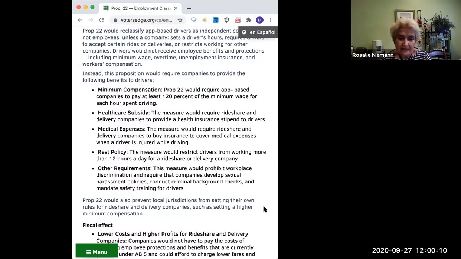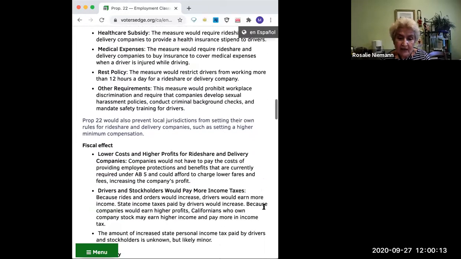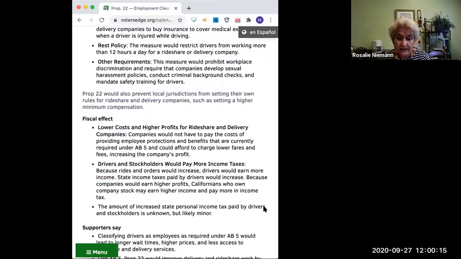The fiscal effects are lower costs and higher profits for the rideshare and delivery companies. They would not have to pay the costs of providing employee protections and benefits that are currently required under AB 5, and could afford to charge lower fares and fees, increasing the company's profit.